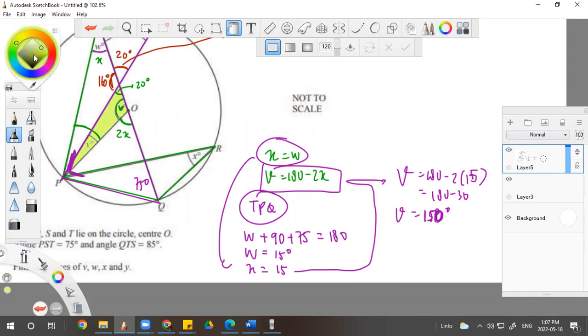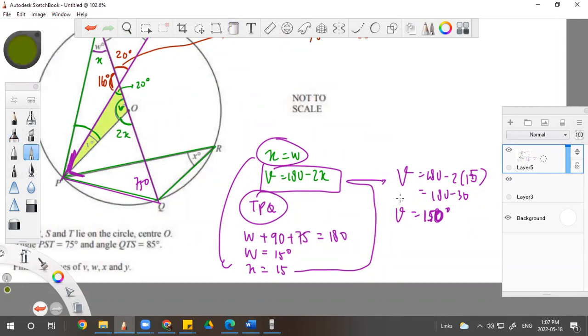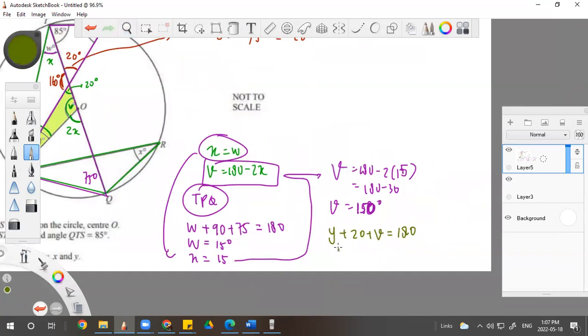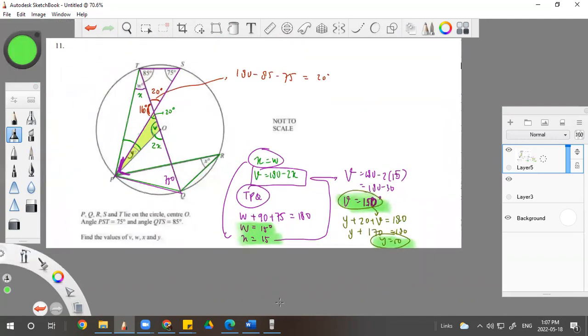Y plus 20 plus V equals 180 on the triangle. Y plus V-nya 150, so 150 plus Y equals 180, Y equals 10. You get all the needed answers: W, X, Y, V. Nggak ada Z ya, yaudah pakai V.